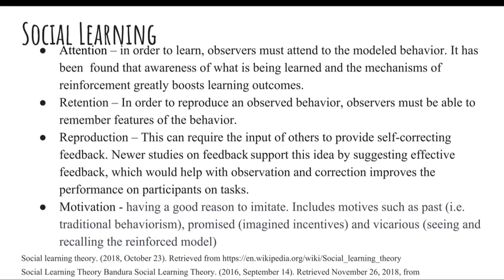The fourth bullet point is reproduction. This can require the input of others to provide self-correcting feedback. Newer studies on feedback support this idea by suggesting effective feedback, which would help the observation and correction, improve performance on task.